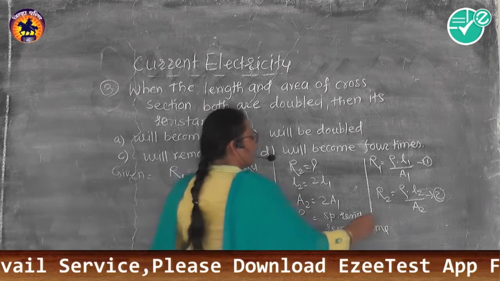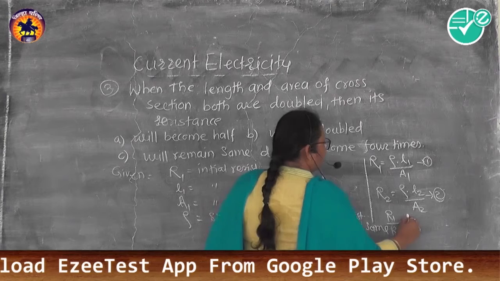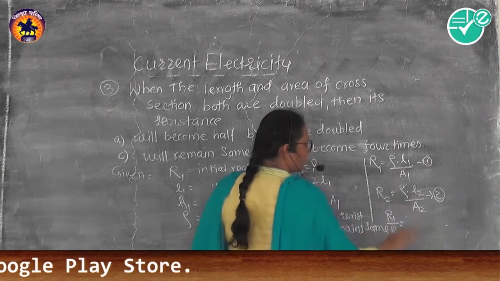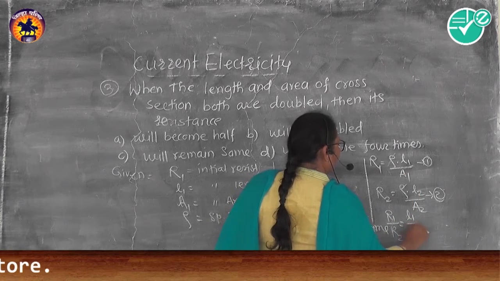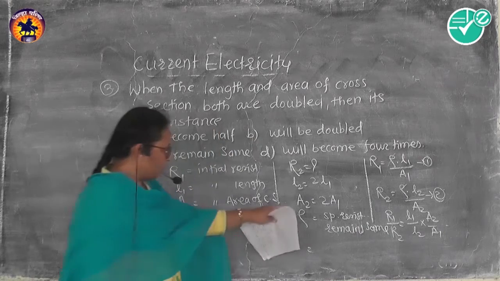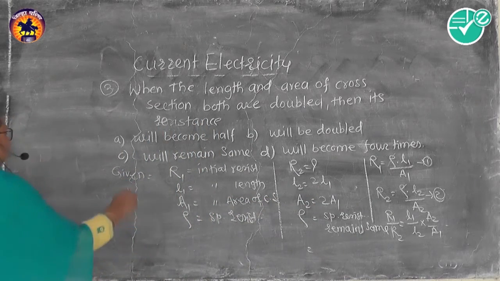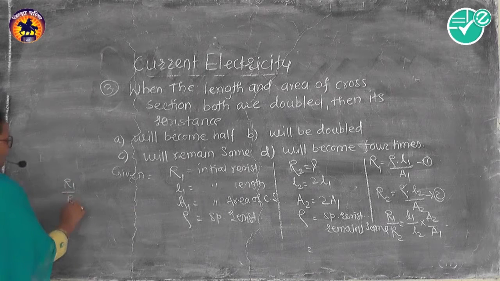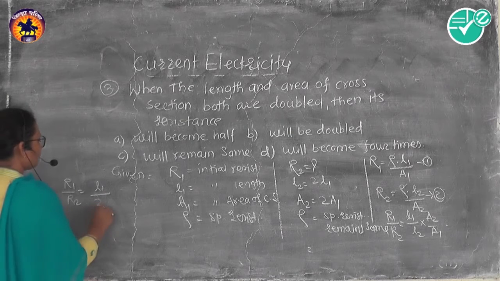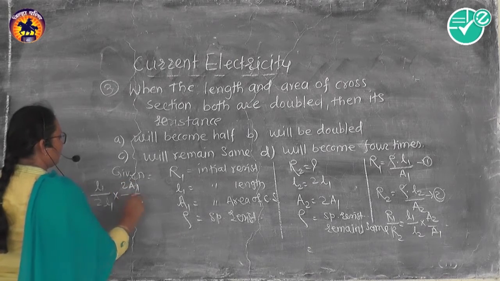And if we take a ratio, that is R1 divided by R2, take a ratio of these two equations, you will get here rho gets cancelled, and you will get only L1 upon L2 into A2 upon A1. As you have given the relation between L1, L2, A1, A2, that relation will become finally R1 upon R2 is equal to L1 upon L2, L2 is 2 times L1, into A2, A2 means 2 times A1, divided by A1.